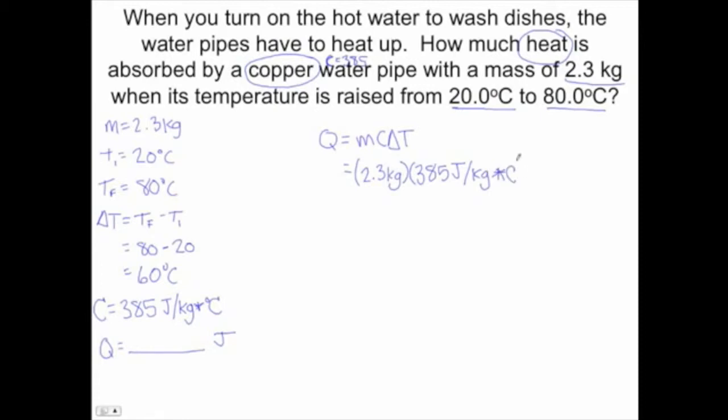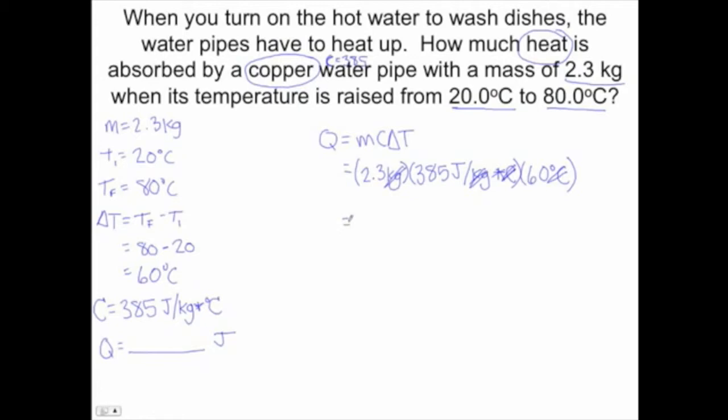And that's just supposed to be multiply. I just don't want you to think it's an X. And then our delta T is 60. Okay, so this kilogram crosses out with this one. And this Celsius crosses out with this one.